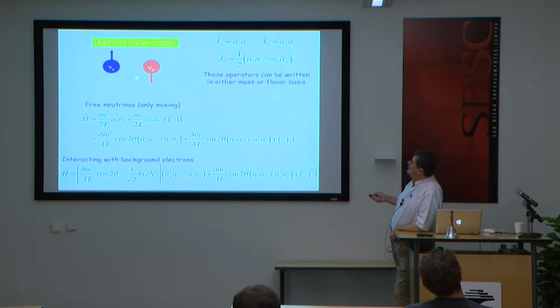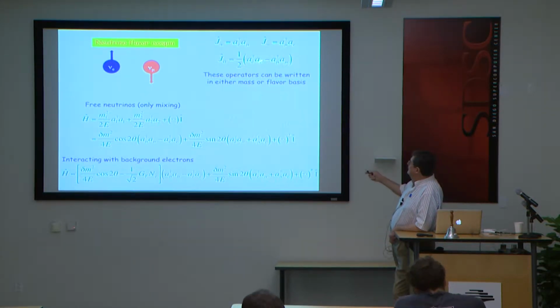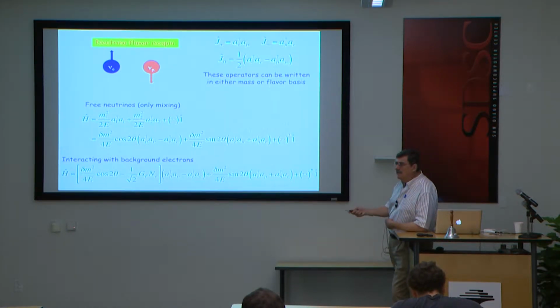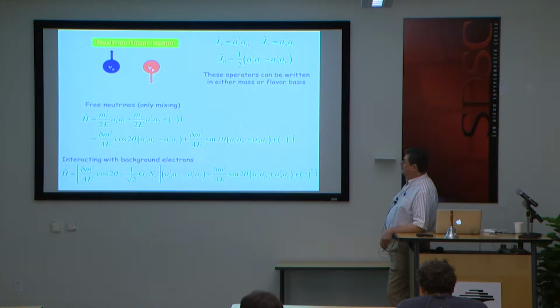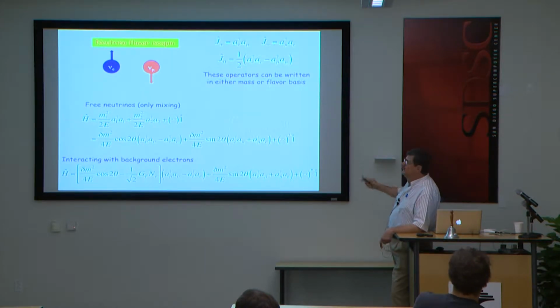I will indicate an operator that annihilates a muon neutrino A_mu and creates an electron neutrino A_e dagger. These are the neutrino creation annihilation operators, and they either annihilate or create fermions. This neutrino flavor isospin can be written formally in terms of these operators in this particular manner.